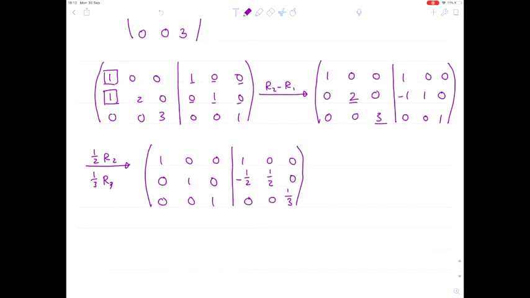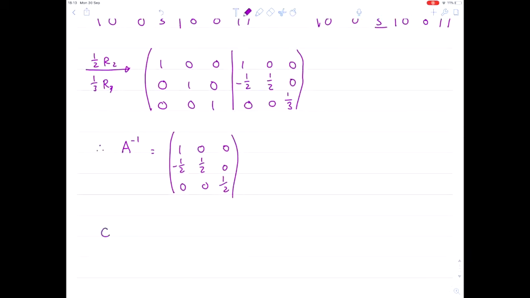And the thing that I claim is that the inverse of A is equal to this matrix that we have here. So let's check. We know that if this is true, then A times its inverse should give us the identity matrix.